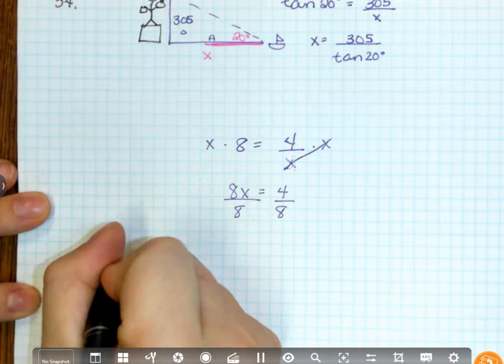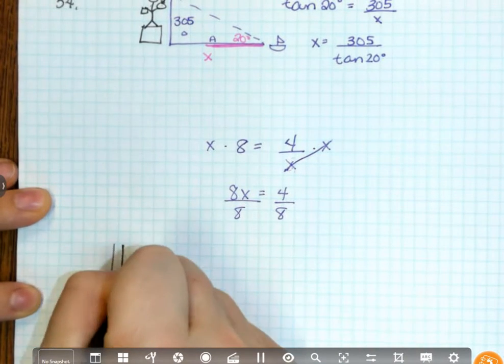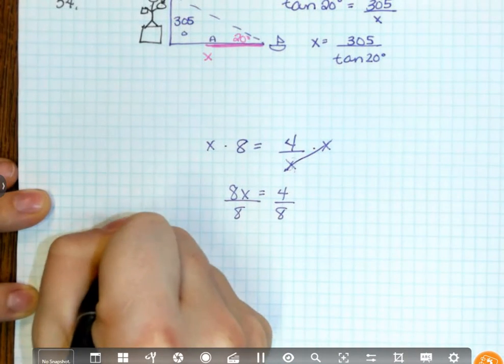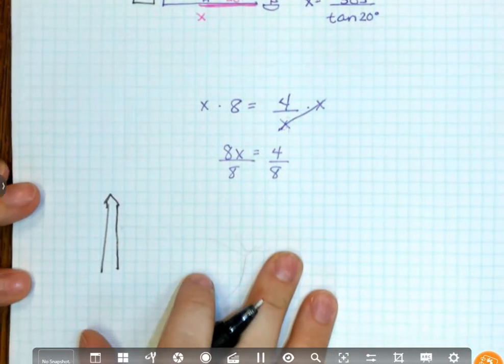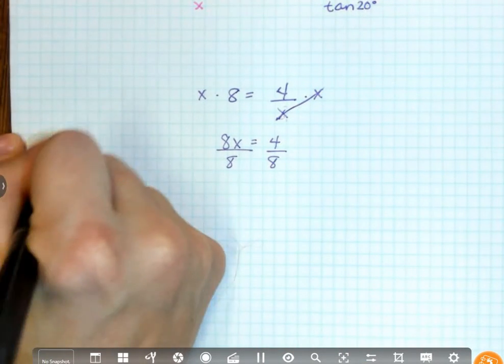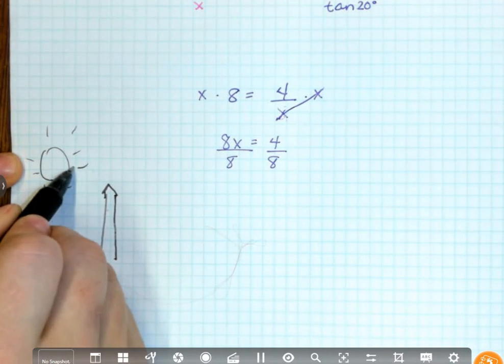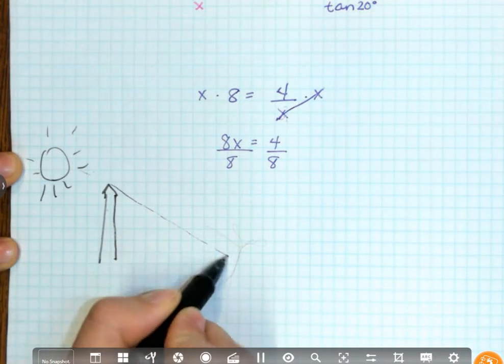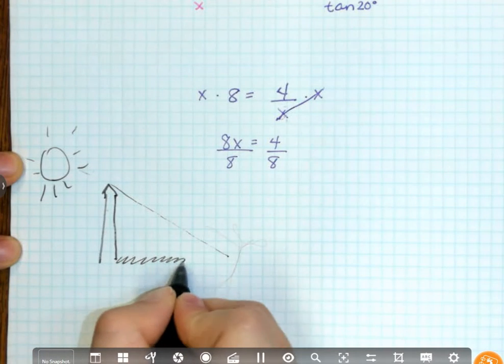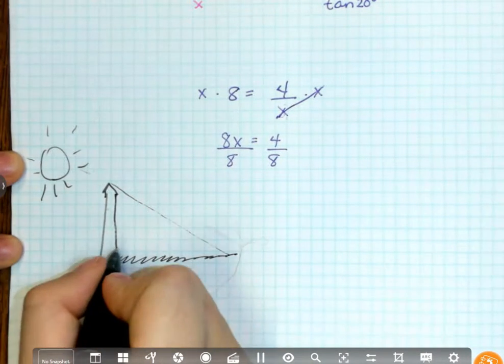Okay. So, talking about the Washington Monument, we know what that looks like. We live relatively close to that. Looks kind of maybe like that. I don't know. So we have the sun. It just makes it easier to picture this. The sun is going to come out and it's going to cast a shadow. That's going to be my right angle.